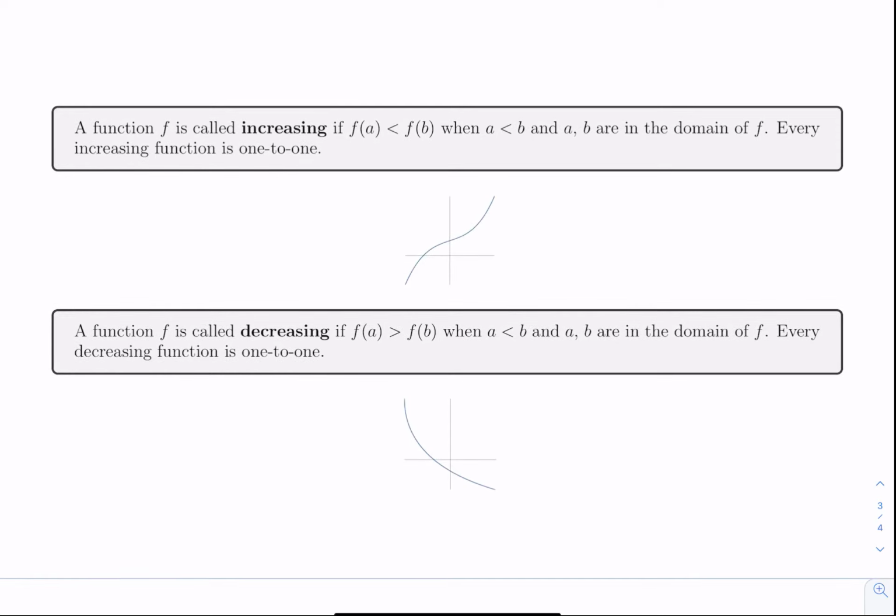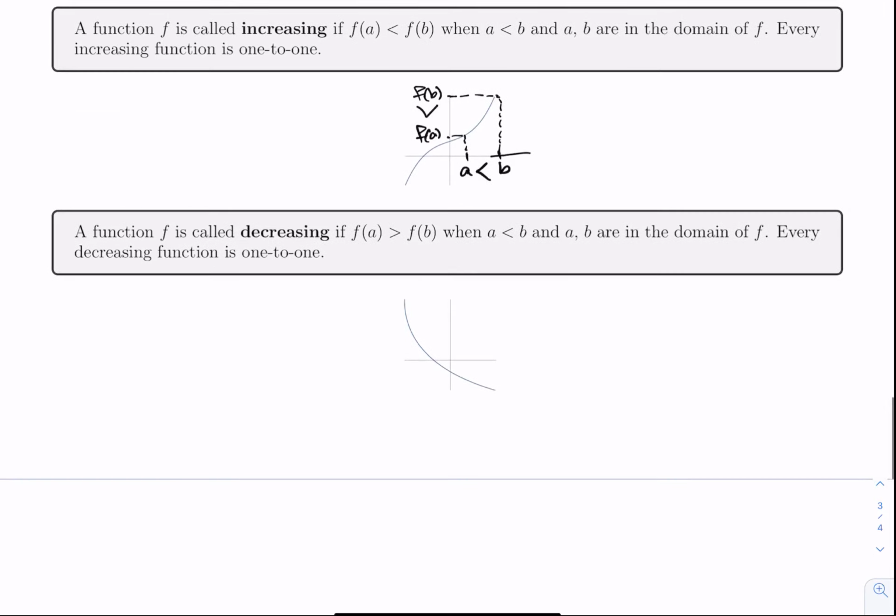So let's say a function f is called increasing if for two given x values a and b, where a is less than b, f of a will be less than f of b. This basically guarantees that as you increase the x value, f of x will also increase, which will make this function an increasing function.